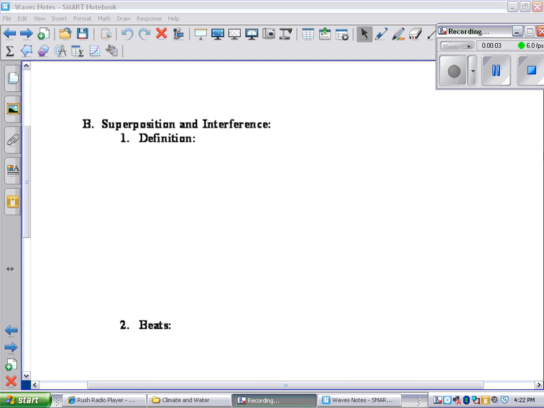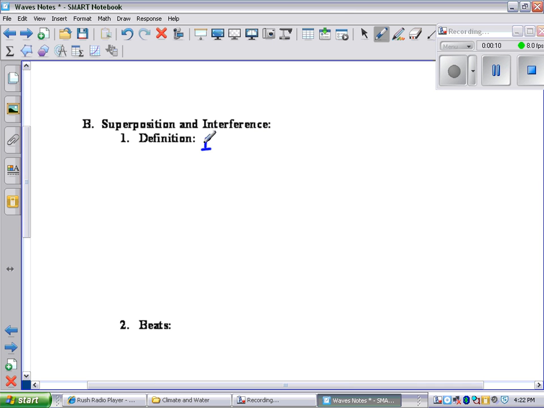Okay, the next wave phenomenon we're going to discuss is interference. The definition of interference is the interaction of two or more waves.